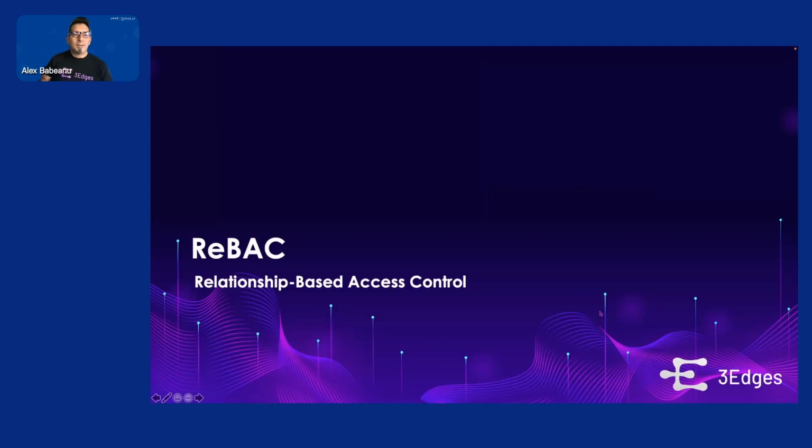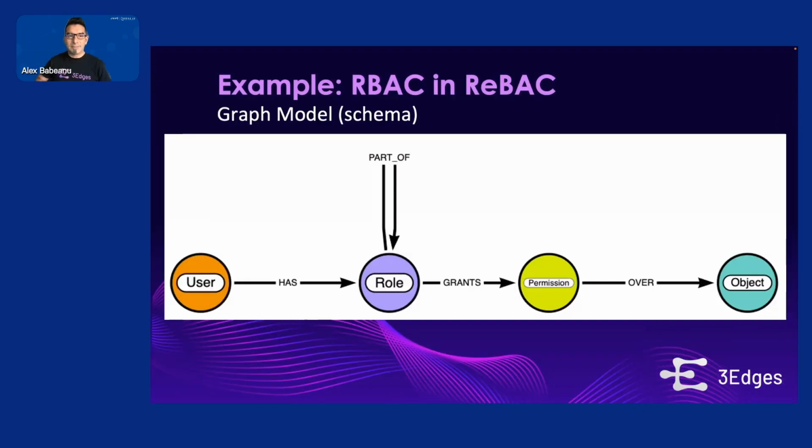So then let's talk now about ReBAC, relationship-based access control. What I mean by that is true ReBAC. True ReBAC is when you use a graph as opposed to tuples. So here's an example of how you could use ReBAC to express role-based access control. That's just a simple example because everybody understands roles. So here's a graph model, a schema, if you will.